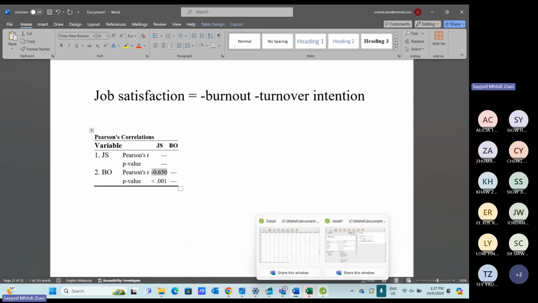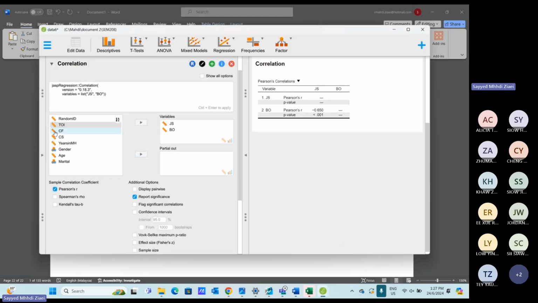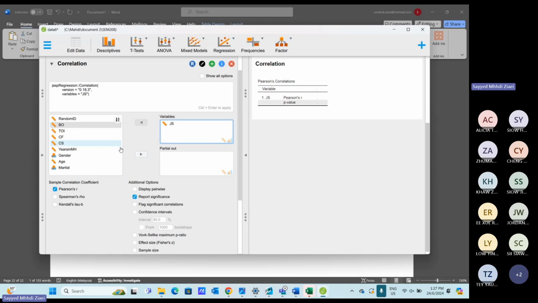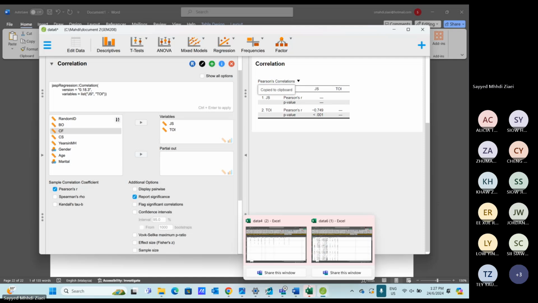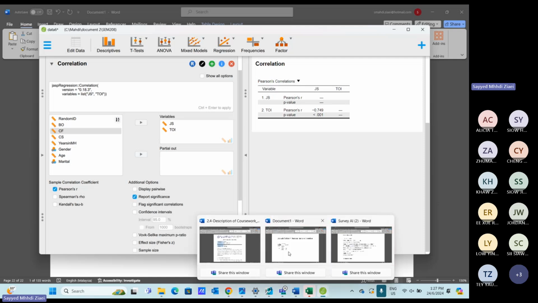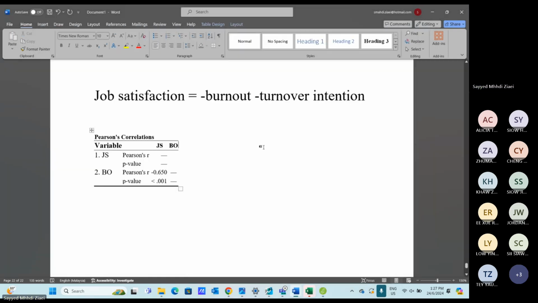And how about this one? Instead of BO, I return to the initial table, and then I just drag TOI here. For TOI also, I got a negative relationship, which is based on our expectation.